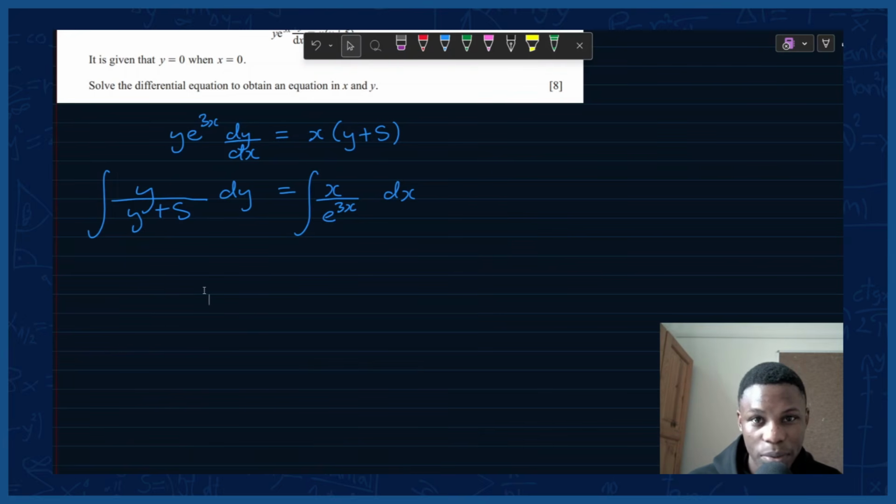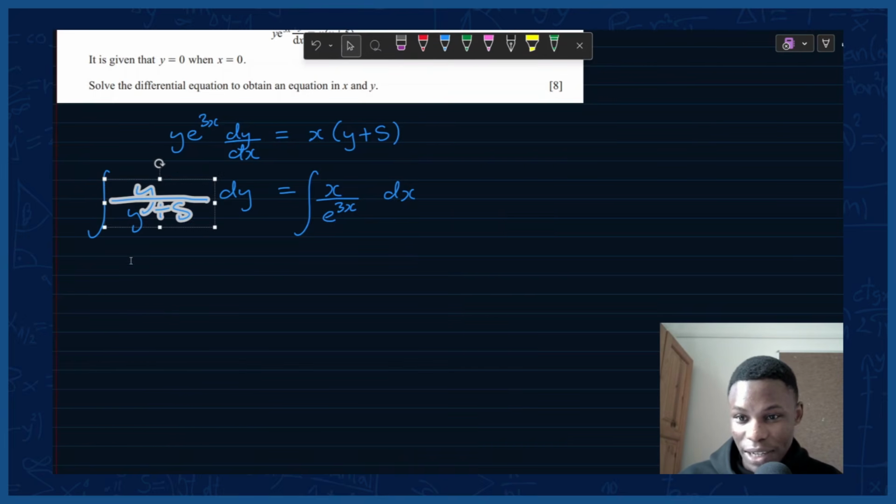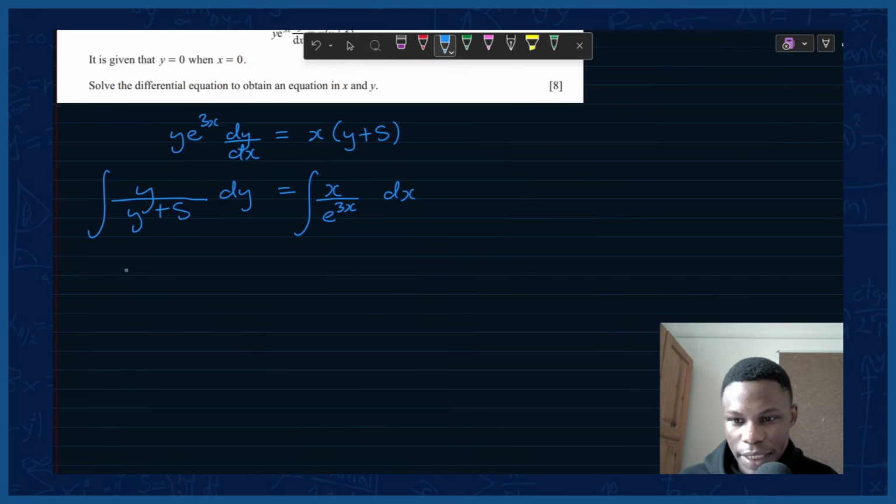And if you have an improper fraction, you first need to do the polynomial division, or you can do it in a slightly more efficient way, or more lazy way, if you will, which is what we're going to do here, because I'm not going to do polynomial division. I can't be asked.